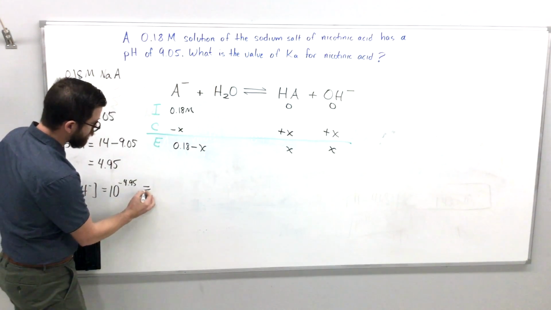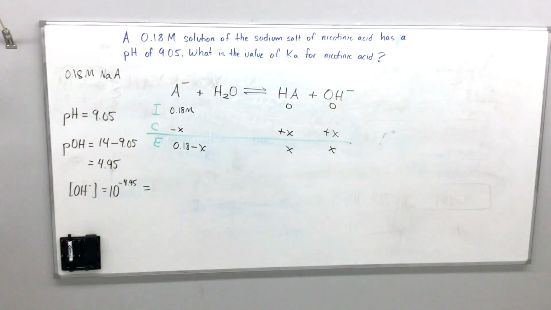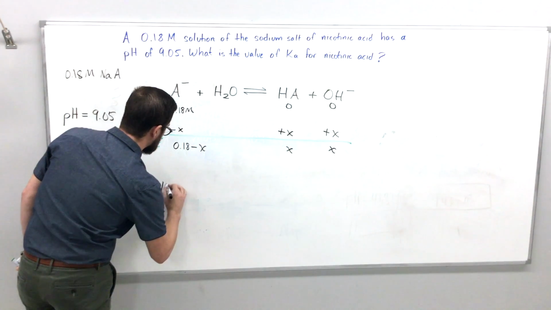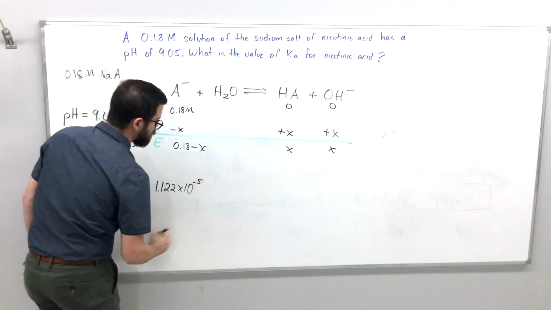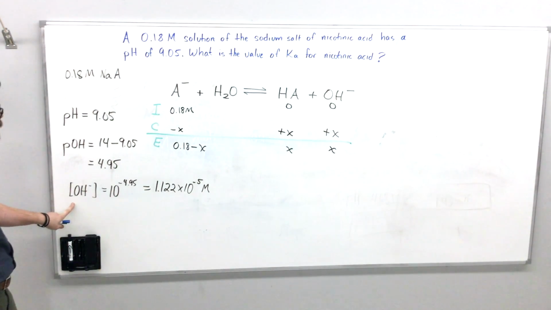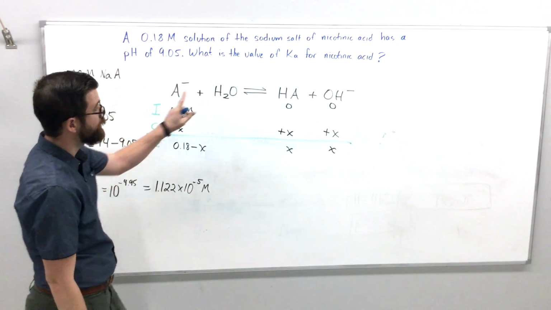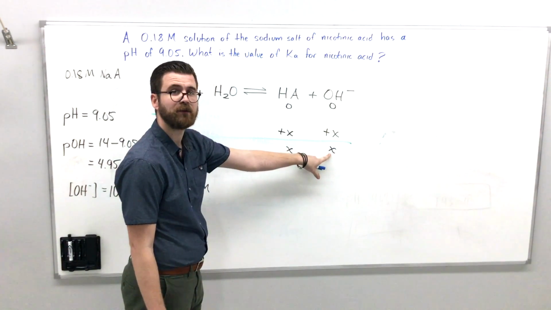And so, plugging that through your calculator, it's 1.122 times 10 to the negative 5th molar. So that's got to be the concentration of hydroxide in solution at equilibrium, which has got to be what that is.